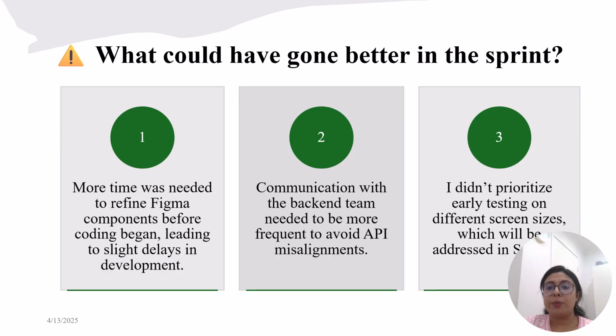What could have gone better in this sprint? One challenge we faced was a delay in the backend API structure, which affected our implementation of some UI features. If we had received the API documentation earlier, it would have been easier to fully test the voice to Google integration.